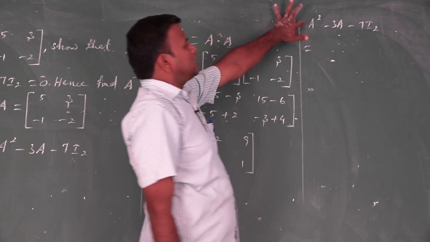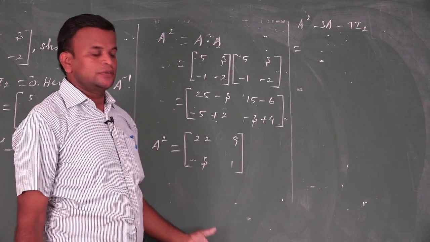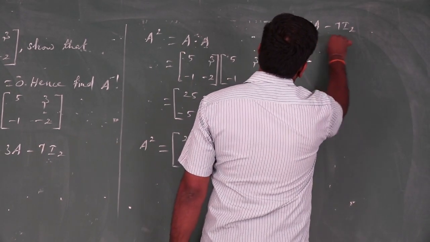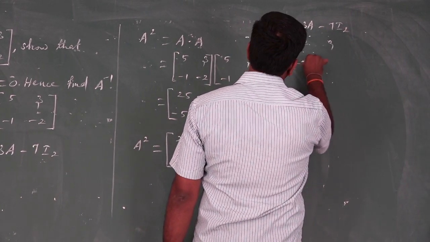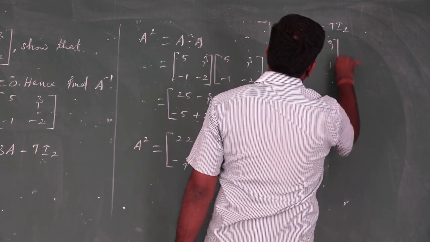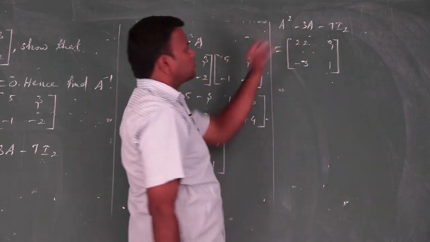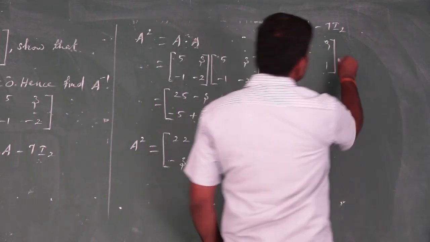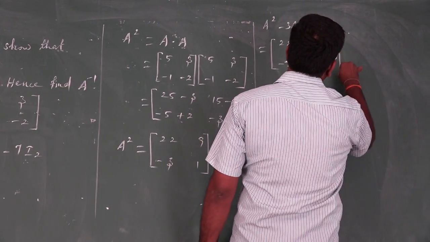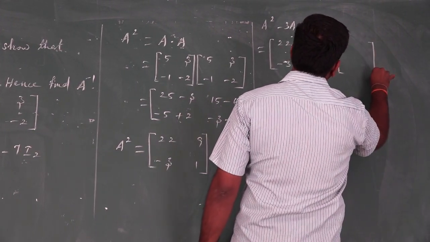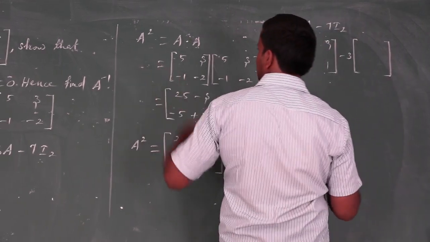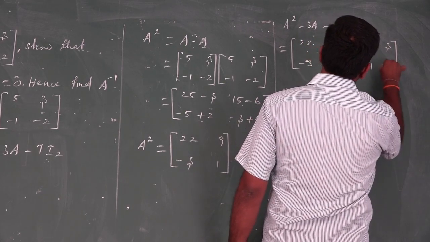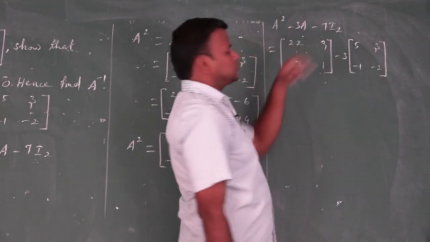First we write the value of A square: 22, 9, minus 3, 1. Next, minus 3 times A, the given matrix: 5, 3, minus 1, minus 2.